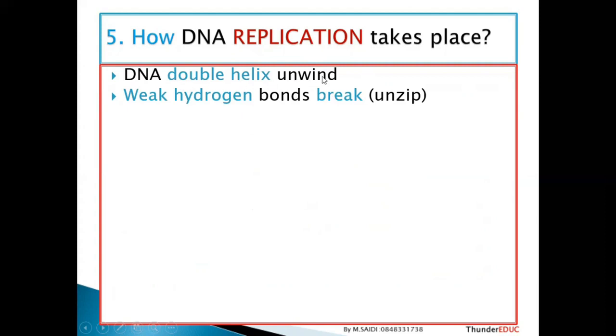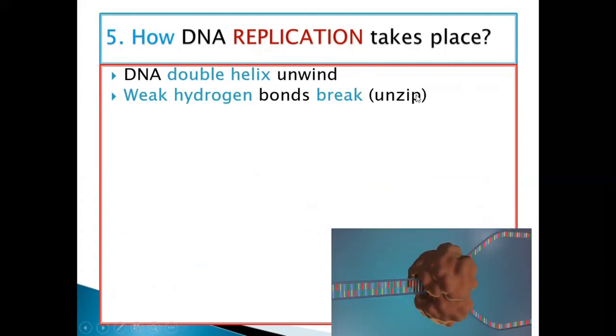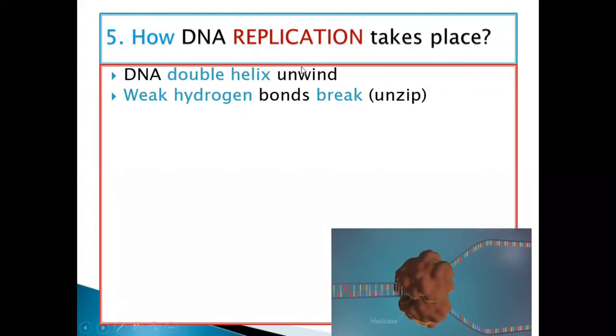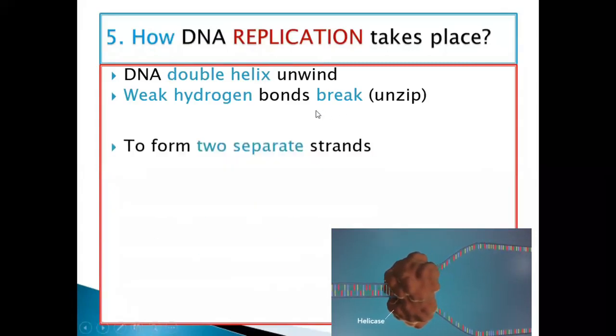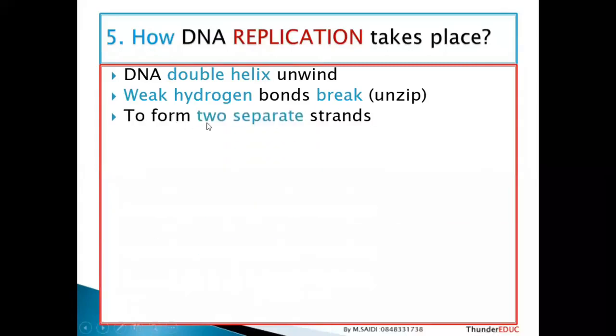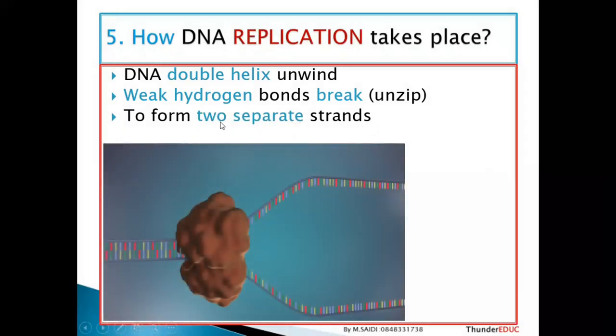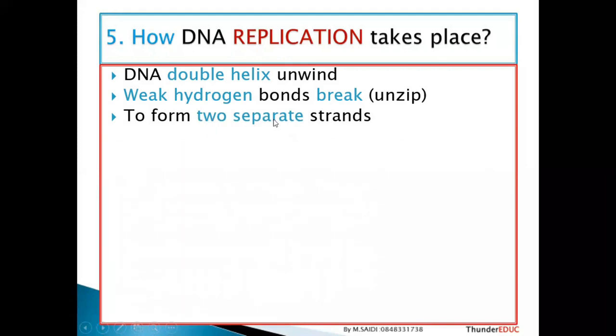Or DNA double helix, unwind and then unzips, you give a tick here and a tick here. Any of that, you will get a tick. To form two separate strands, you need to see the word two, and these two strands must be separate. So you say to form two separate strands or to form two single strands. You get a tick for that.